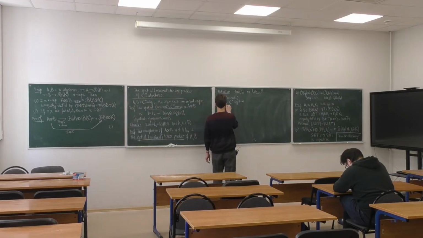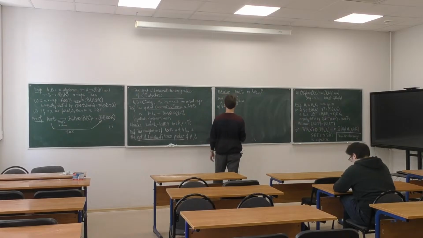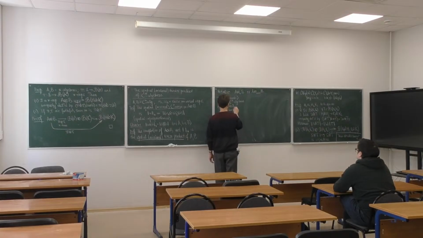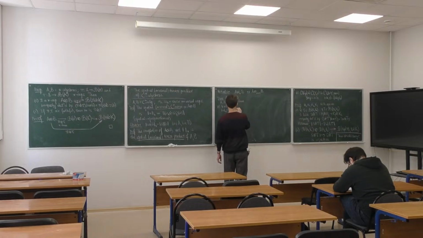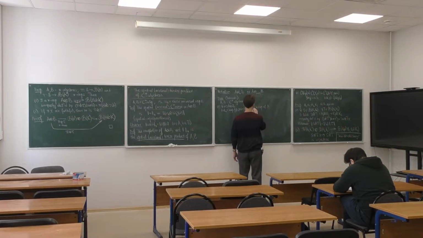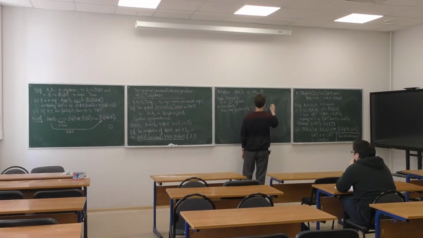That is, for every element u in the algebraic tensor product of A and B, the respective norm is equal to the supremum of the norms of operators pi tensor rho applied to u, where pi is an arbitrary star representation of A, and rho is a star representation of B.